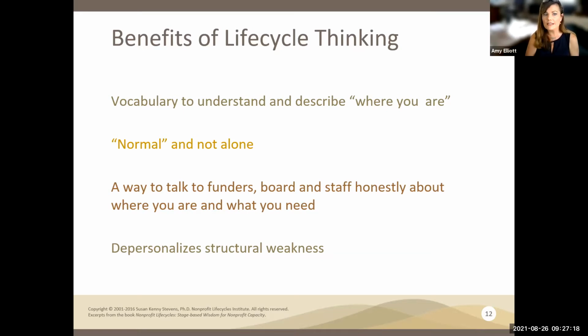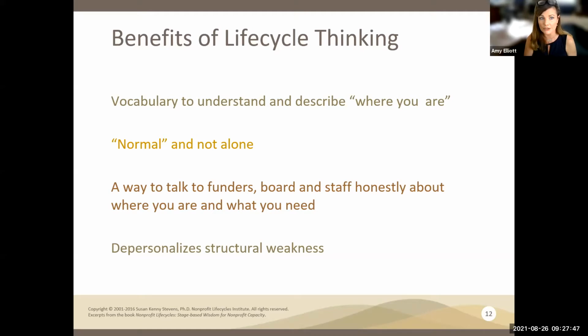The other benefit of this is, if you can write a book and teach life cycles all over the world, then there's nothing special about where you are. Now, I don't mean that there's nothing special about your nonprofit, because I actually believe quite the opposite about each and every nonprofit and their mission and the beneficiaries they serve. I believe there's a lot that's special about that.